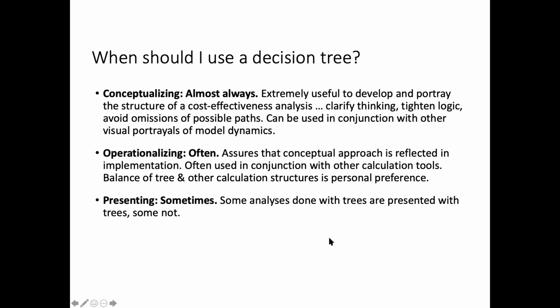When should you use a decision tree? In my view, when you're conceptualizing a problem, almost always. In order to really understand the relationship between the choices being made and the likely outcomes, it's extremely useful to use a decision tree structure to portray the link between what you do and what you expect as outcomes.